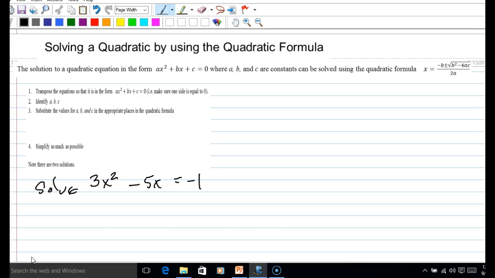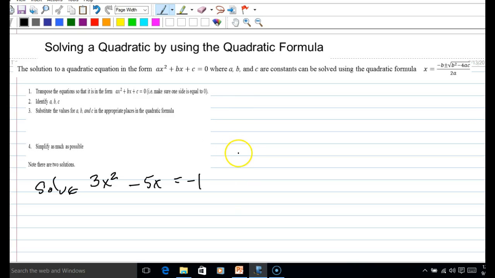Once again, we're looking at the solution to quadratic equations, and a quadratic equation is any equation that can be written in the form ax squared plus bx plus c is equal to 0, where a, b, and c are constants. This time, we're going to look at a different method of solving quadratic equations that are not factorable.